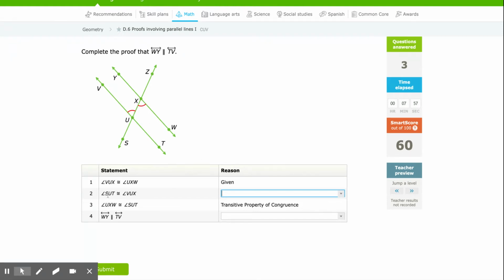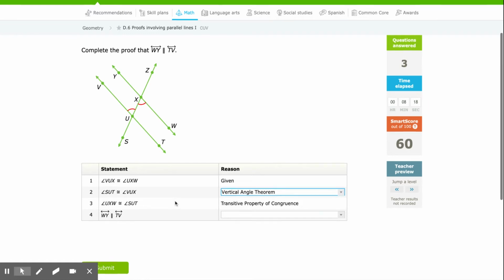The next thing it says, angle SUT, that's this one underneath, is congruent to angle VUX. How do we know those two angles are congruent? Oh, wait a minute. They're across from each other through an intersection. They're vertical angles. So vertical angle theorem proves that those two are congruent.